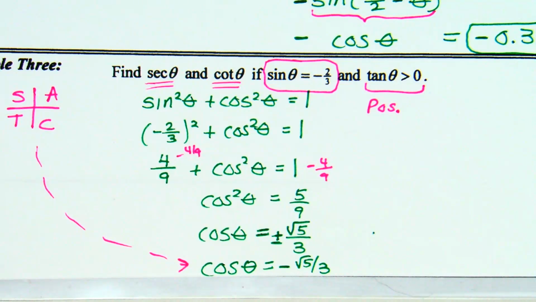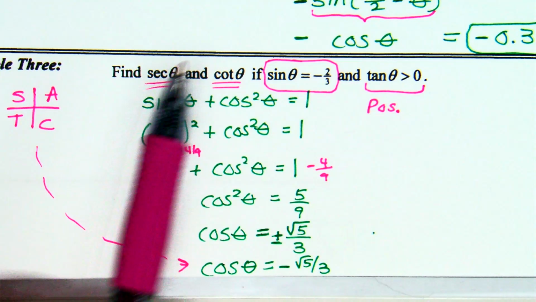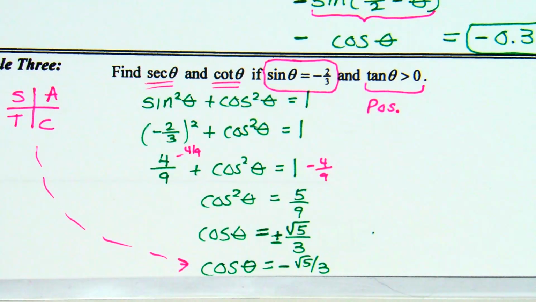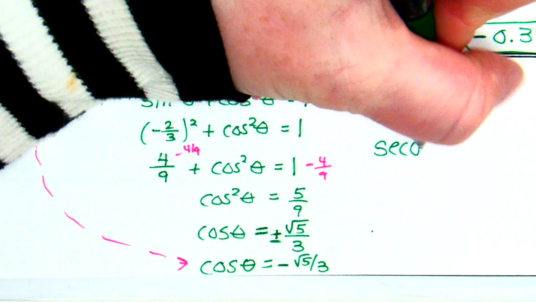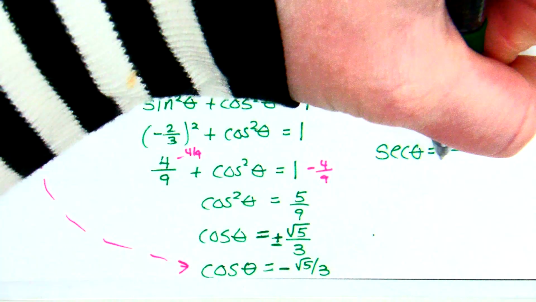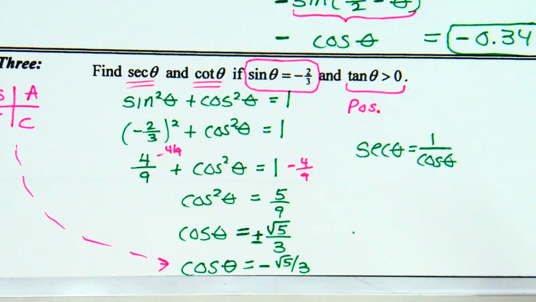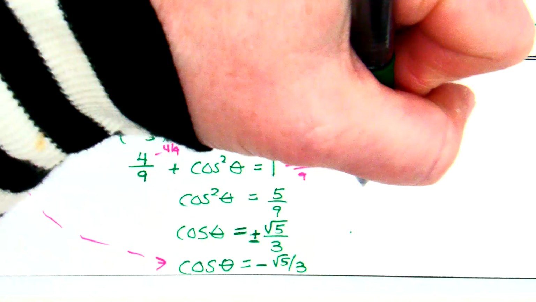Now, does this give me an answer? I mean, technically we weren't asked to find cosine, but yeah, reciprocal. So the idea that secant is 1 over cosine theta. So what's that mean?